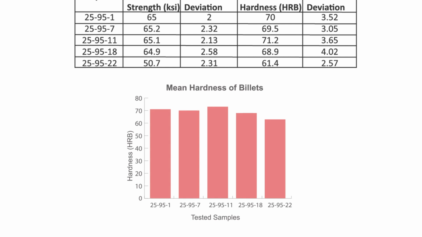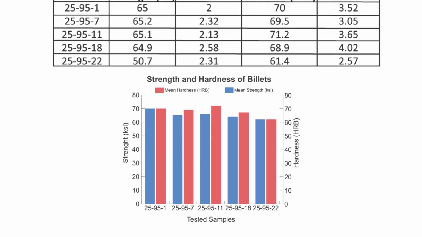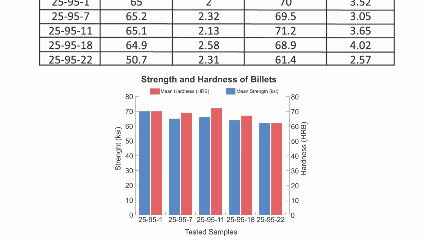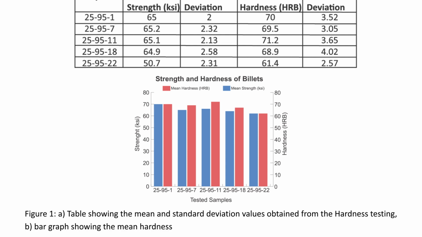Or if I want to do it with the mean hardness, I can also do that. Or I can show both of them together like you're seeing on the screen, and then I'm talking about all the data at the same time. Sometimes when you have a graph, it is enough information, and it is easier for that person to read it than just having them read every table, every column, every row, which might take them a little bit more time.